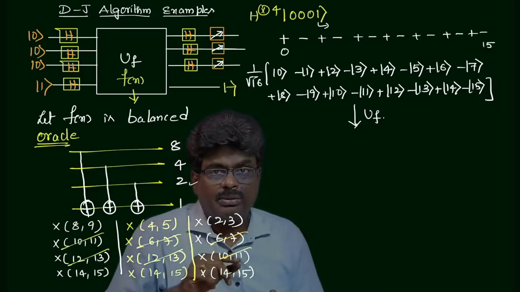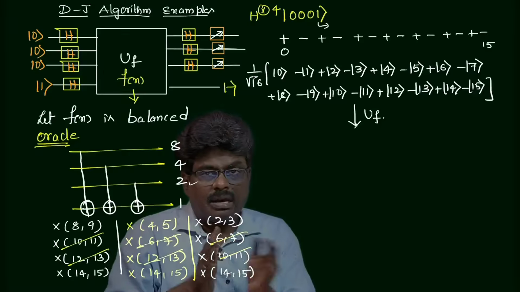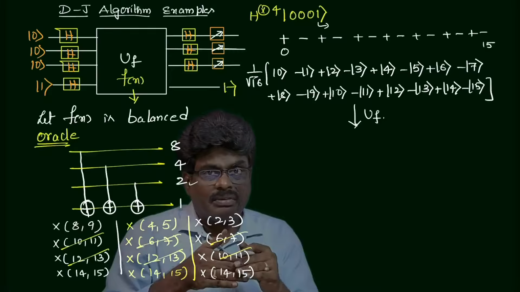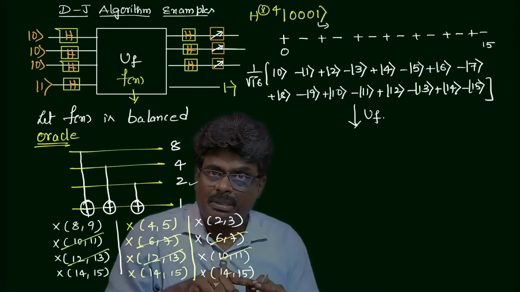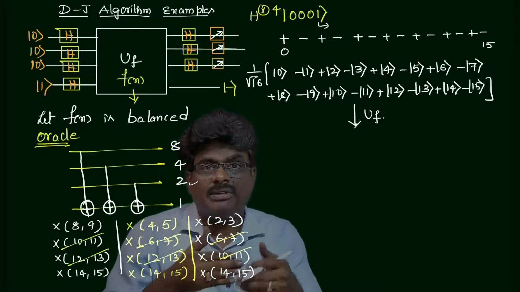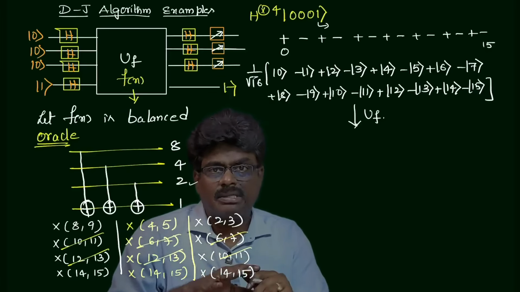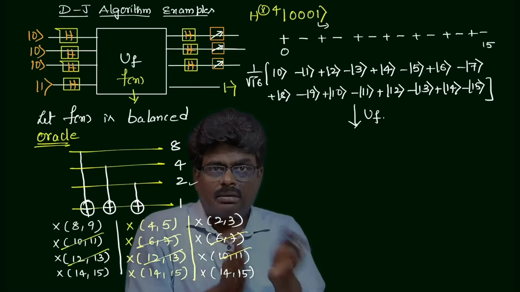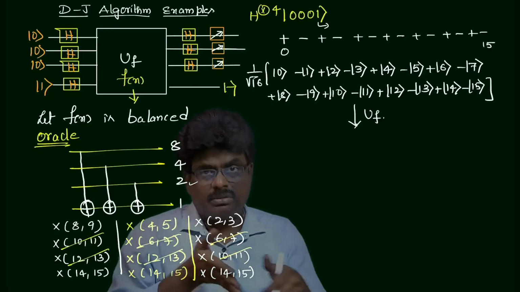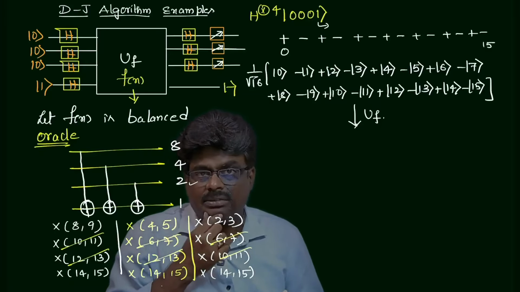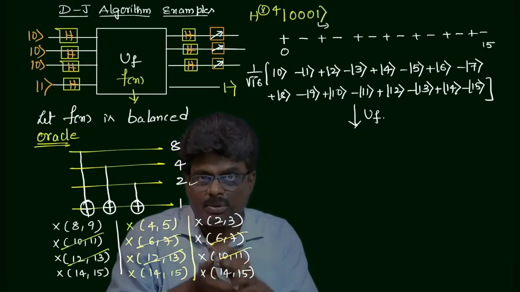You will get a doubt: the 10 11 operations are not side by side, how do you cancel? Actually, in the middle, if you observe carefully, there is no 10 and 11. So this is the advantage of getting the unitary operator very easily with this decimal state notation. These things will commute with each other because here there is no 10 and 11, so you can apply that commutation law.